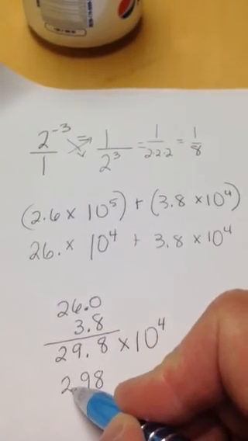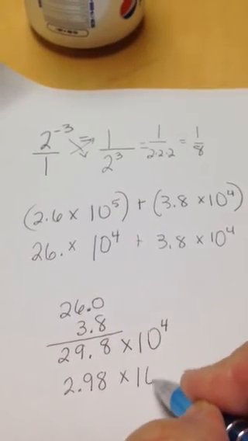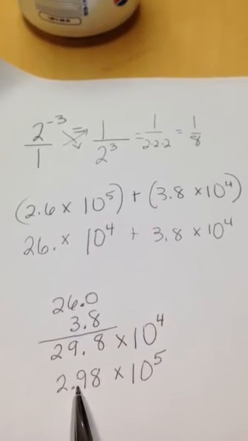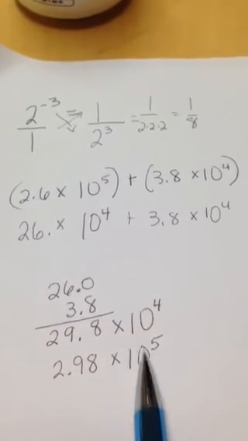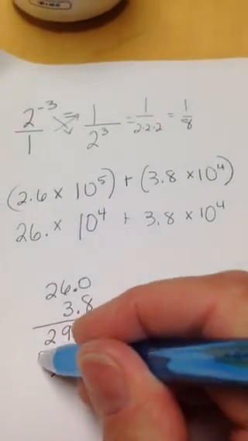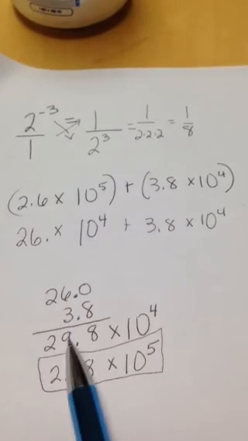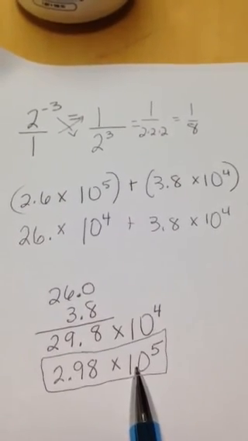So this number got smaller, so this exponent is going to get bigger. This got 10 times smaller, so this is going to get 10 times bigger because I want these to be equivalent. So this is your correct answer written in scientific notation.